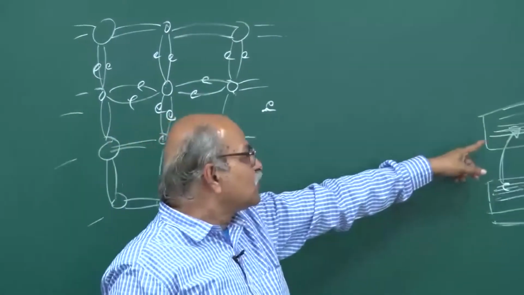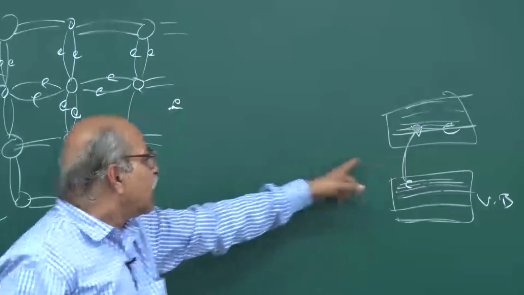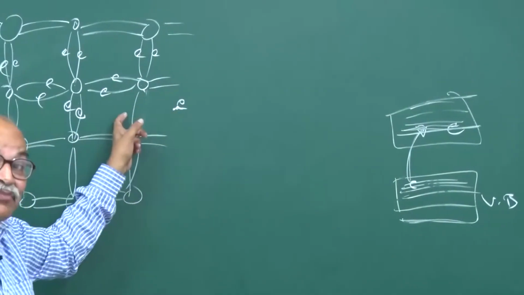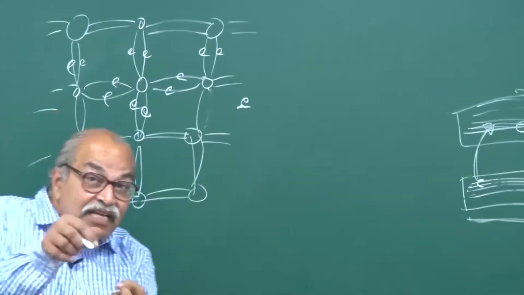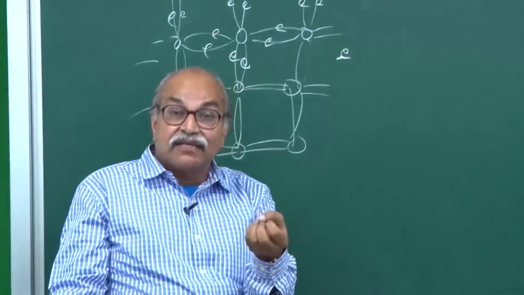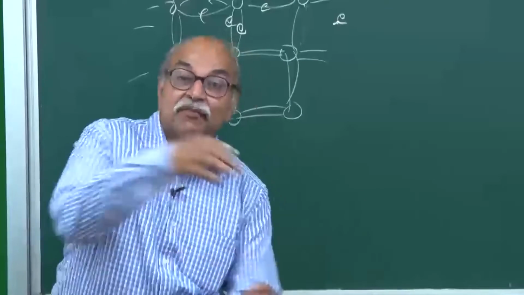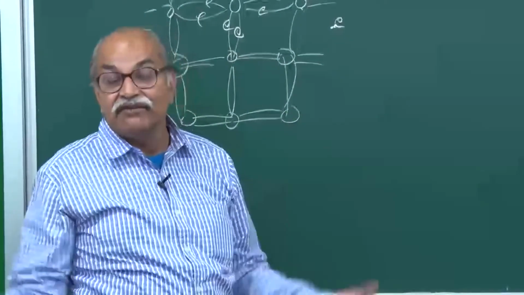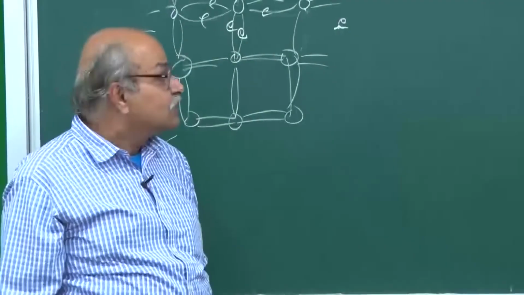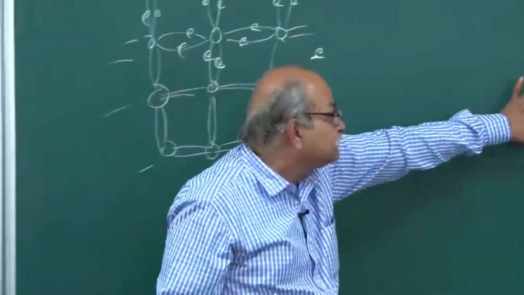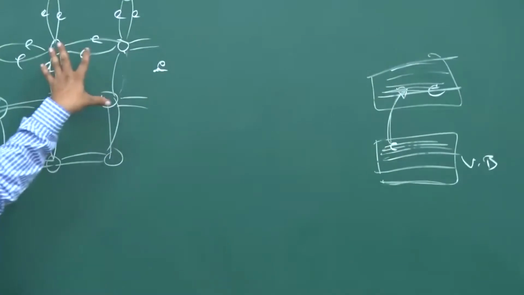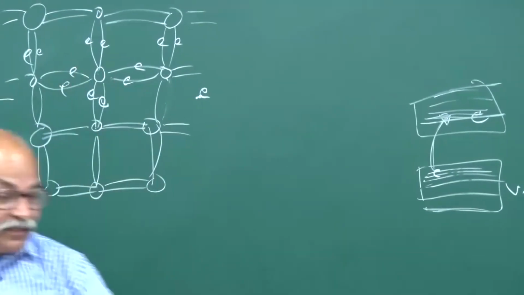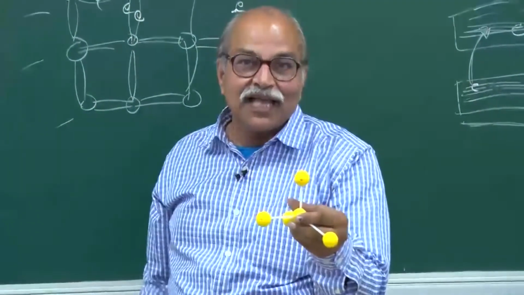So whenever I am talking of a conduction electron, I am talking of an electron which is not in a bond and very weakly bound to the parent atom, and therefore it keeps changing the parent atom, and it can go anywhere in this solid. So this connection between this diagram and this diagram should always be kept in mind.